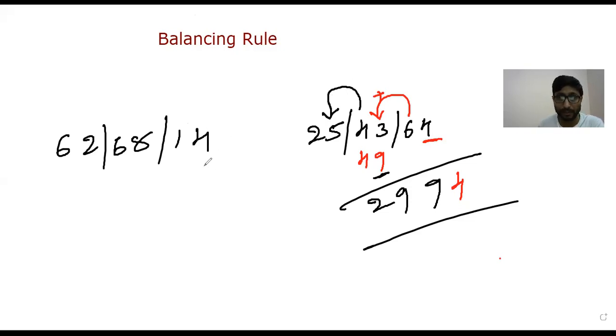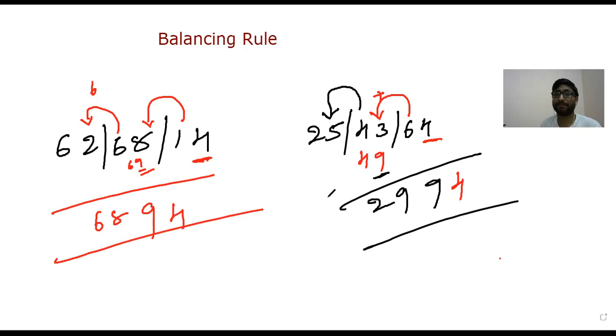The answer is going to be 4. 1 will carry. 1 plus 68 is 69. Without additions you will not understand, that's the reason I'll give you basic problems now. 9. 6 will carry. 6 plus 62, 68 is the answer.